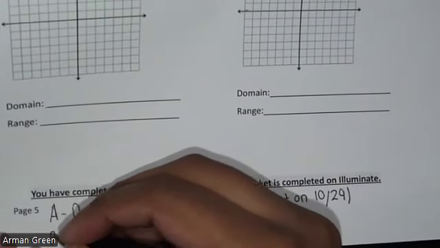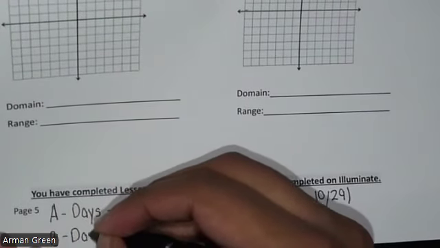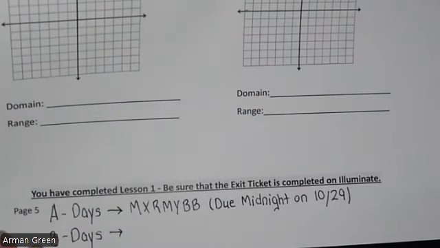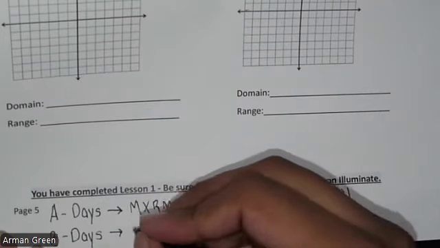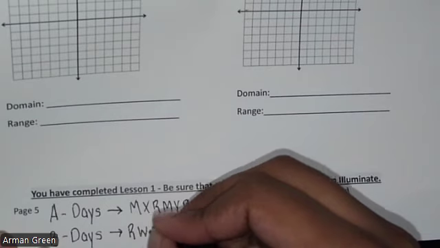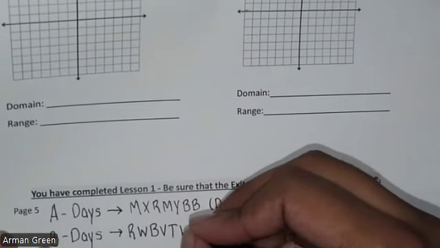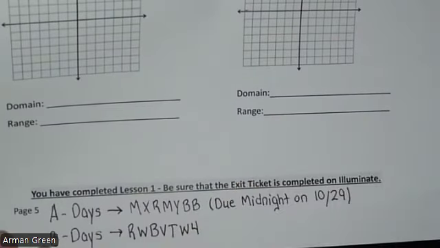For my B days, so if you have me fifth, sixth, or seventh period, your code for your exit ticket is RWBVTW4. So that is your exit ticket.